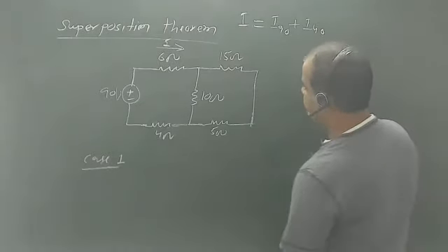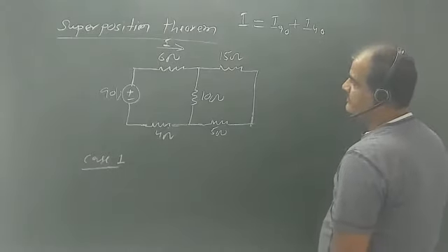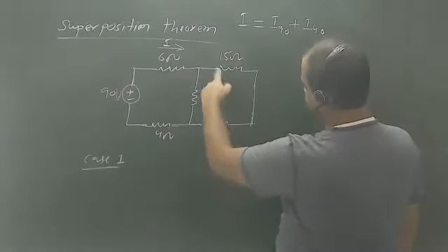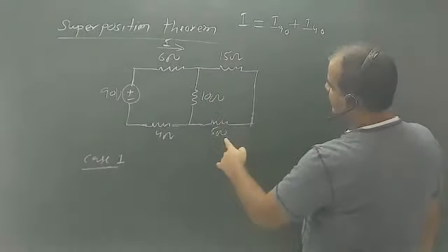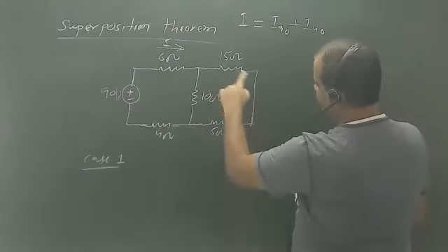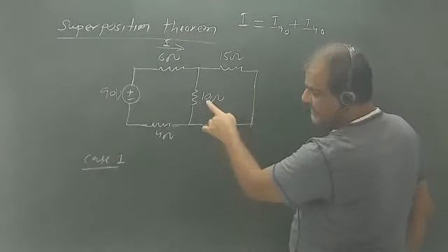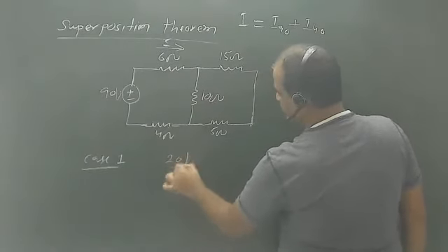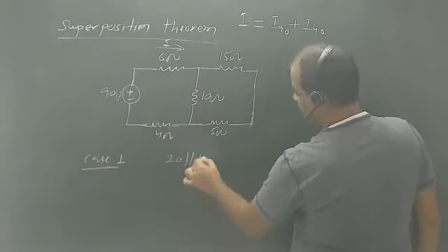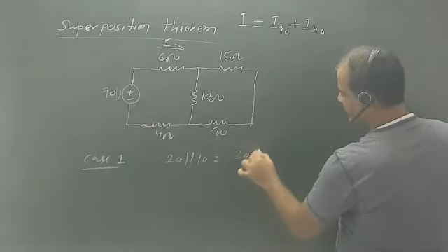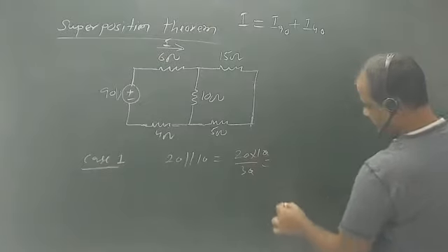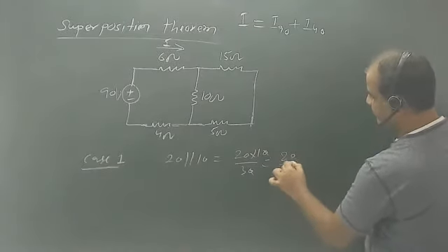So due to 90 volt, 5.4 ampere. See, this is 15 and 5, 20. So this becomes 20, and this 20 is parallel with 10. कितना हो जाएगा? 20 parallel to 10, so this becomes 20 into 10 upon 30, which is 20 by 3.